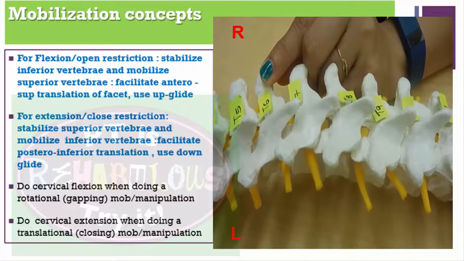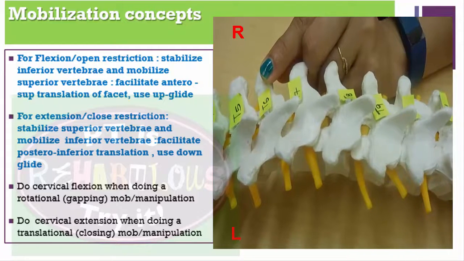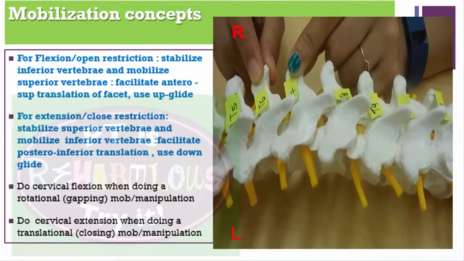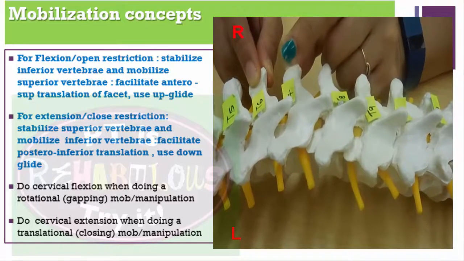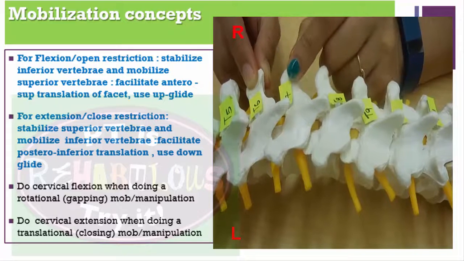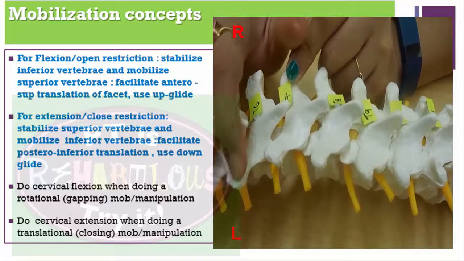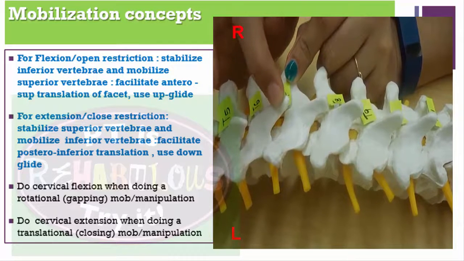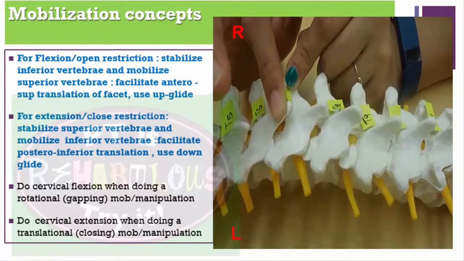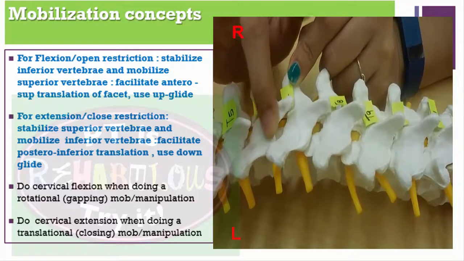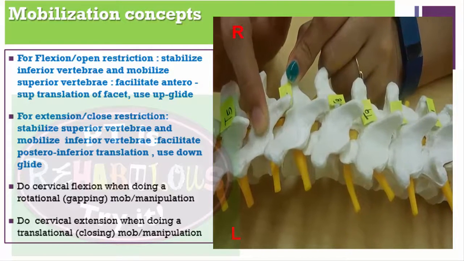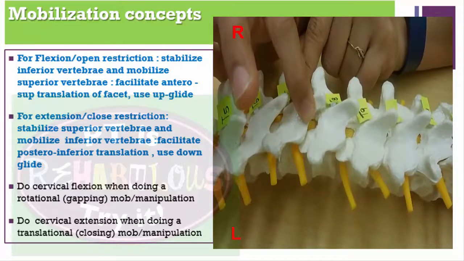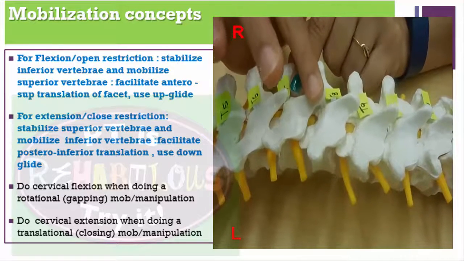Just remember the rule of 3. For T6 and T7, here you can notice the T6 transverse process and the spinous process. For T6, the spinous process is half a level below your transverse process, and for T7 it is one full level below your transverse process.